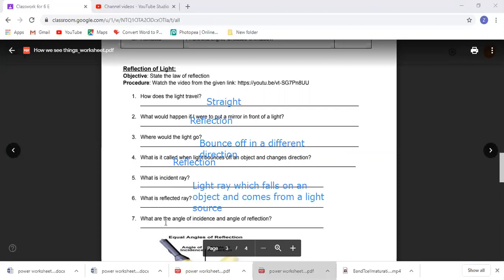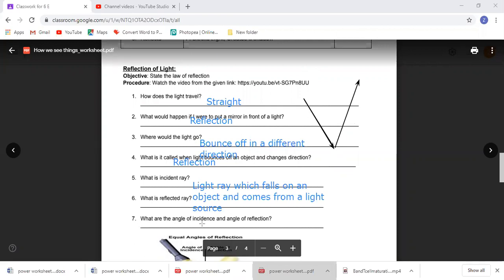Then what is the reflected ray? So reflected ray is which bounces off an object. So basically what happens is that a light ray falls on an object, and when it falls on an object, it is reflected. So this is the reflected ray, and this one is an incident ray.